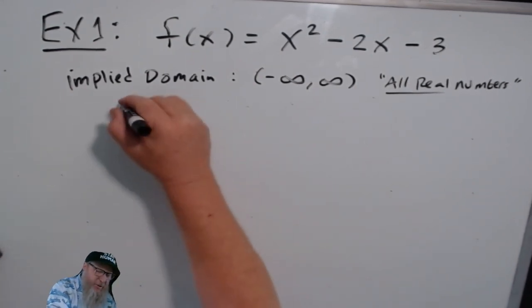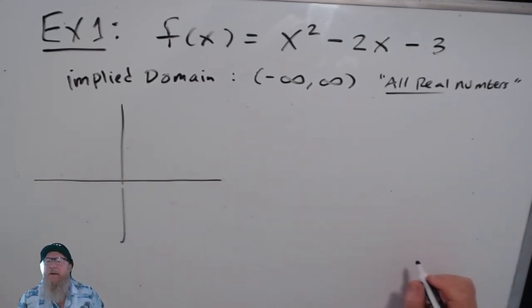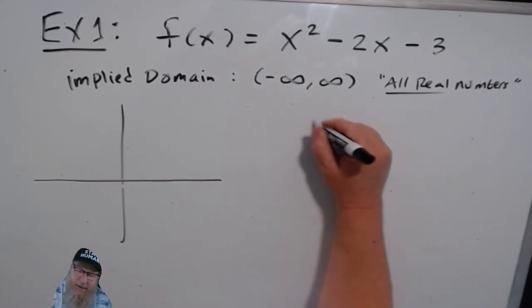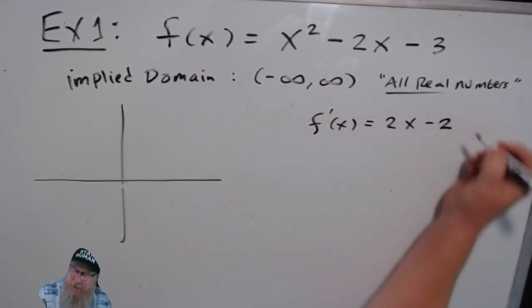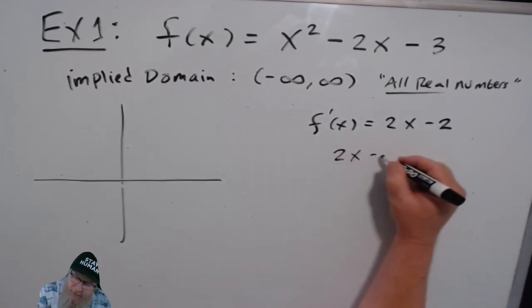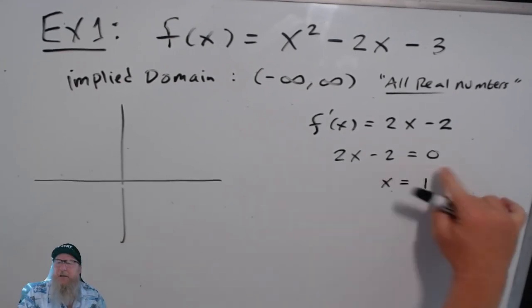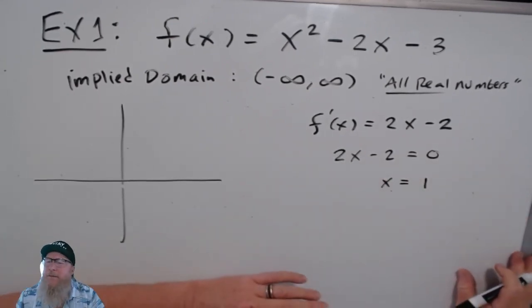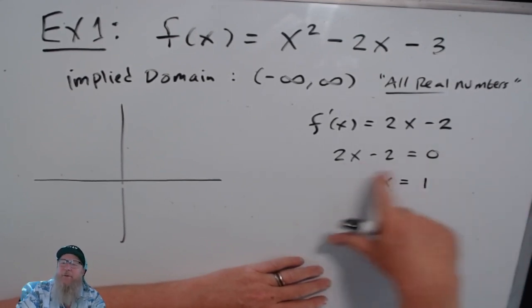I'm not going to use the grid on this one. I'm just going to draw a rough graph. All right, f prime of x is 2x minus 2. Set this equal to 0. I'm skipping the steps here because this is something we've done a million times. I'm going to add 2 to the other side and divide both sides by 2.